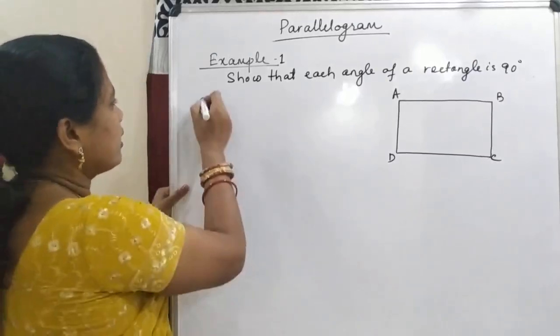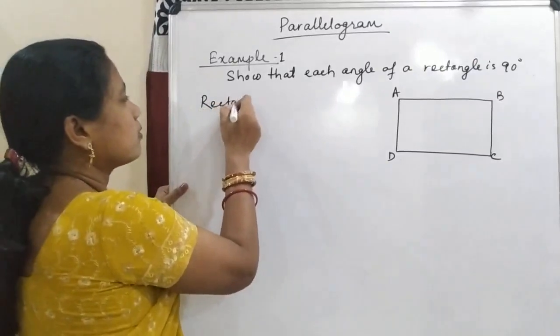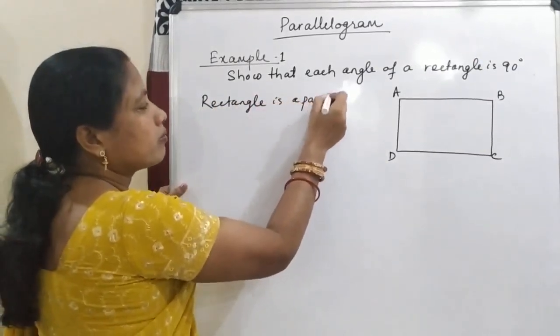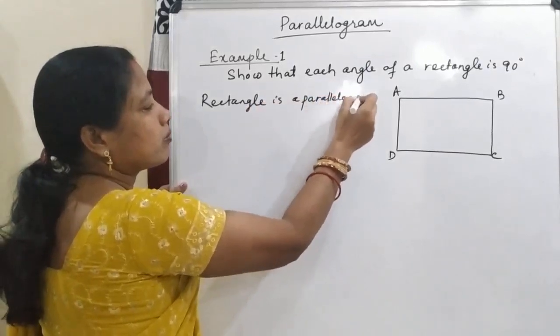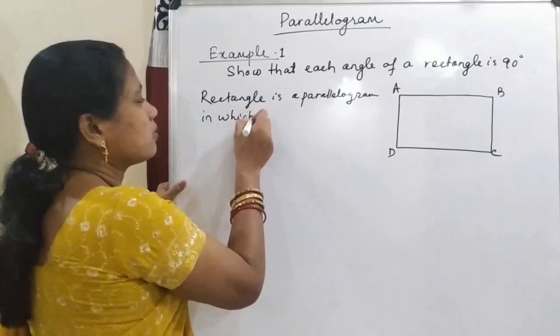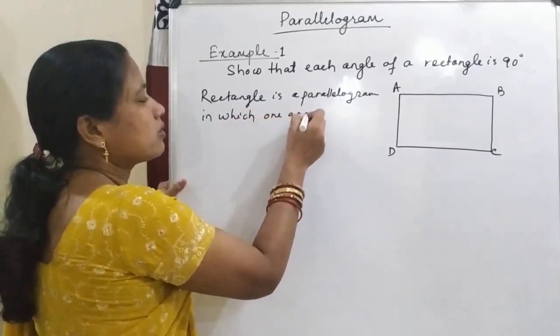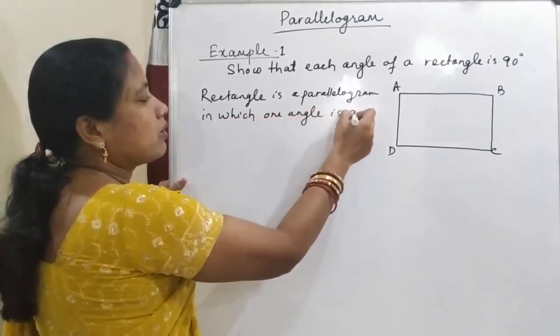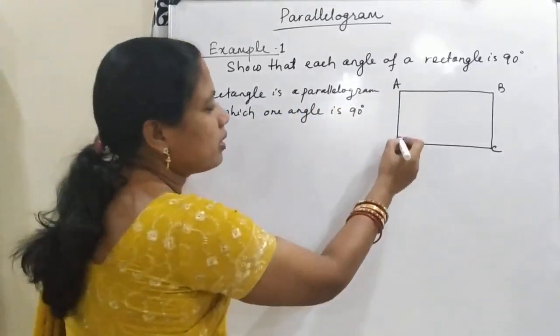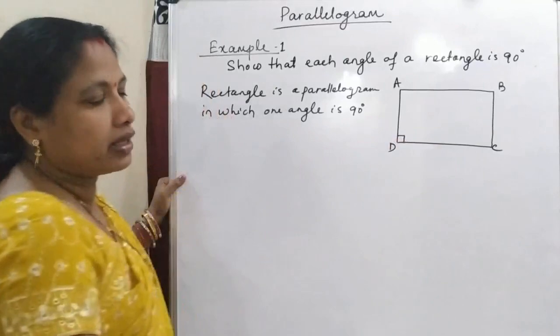So here a rectangle is a parallelogram in which one angle is 90 degrees. So here ABCD is a parallelogram. Let angle D be 90 degrees.